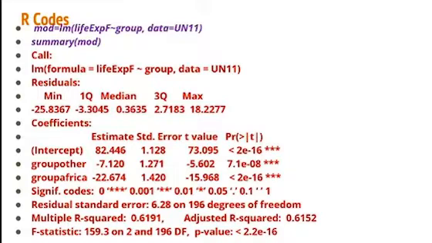Now, if you take a look at this table, okay, the only one that is a mean level is the first one. Others are not mean levels. Does that make sense? If I want to get the mean level of level 2, then I take the intercept, that means 82.446, plus minus 7.120.